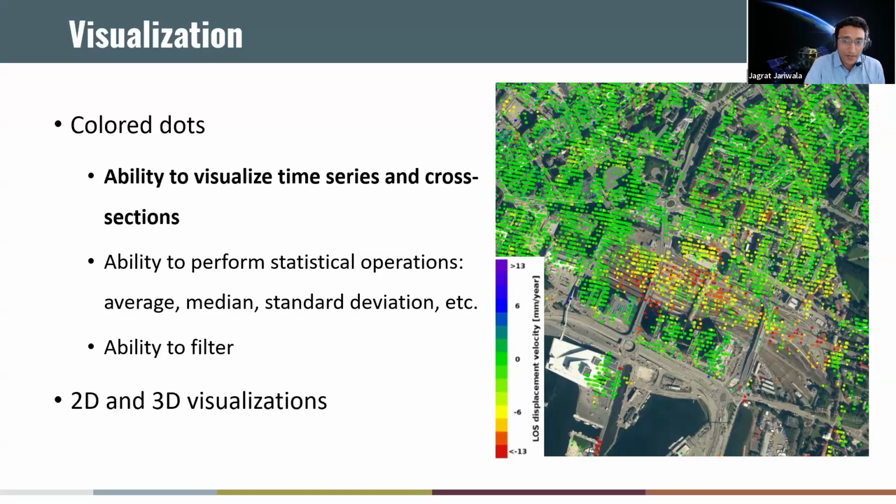Folks might want to run cross sections through the data sets to understand how differently different areas evolve. Those kinds of things are very important when folks are trying to draw conclusions for their civil engineering applications.